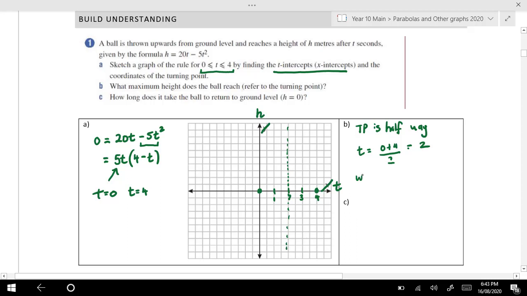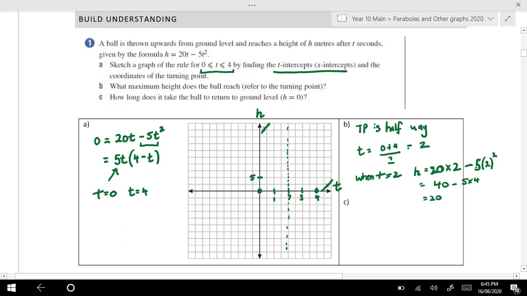So we can say that when t is equal to 2, then the height is equal to, let's sub it in, 20 times 2, so 20. All right, I had to change the battery in my pen, so let's go up.